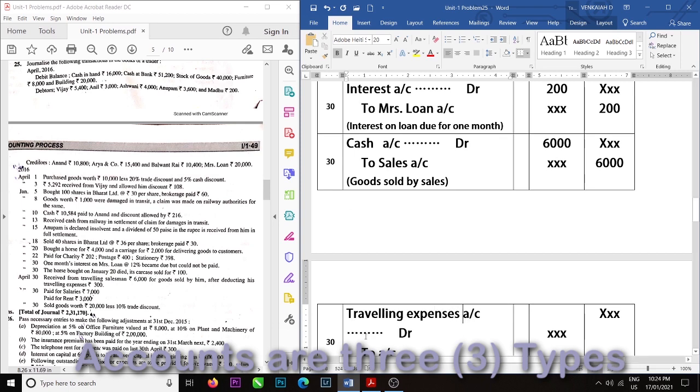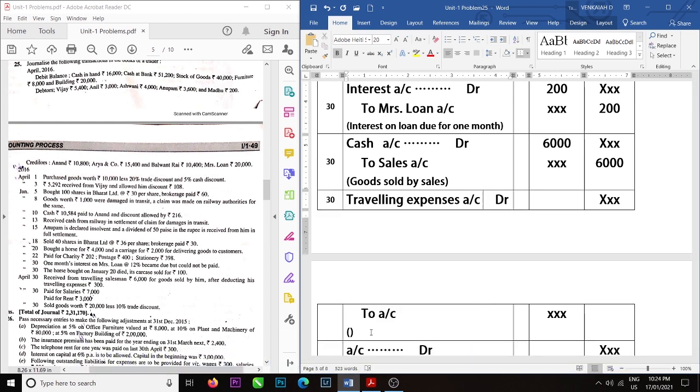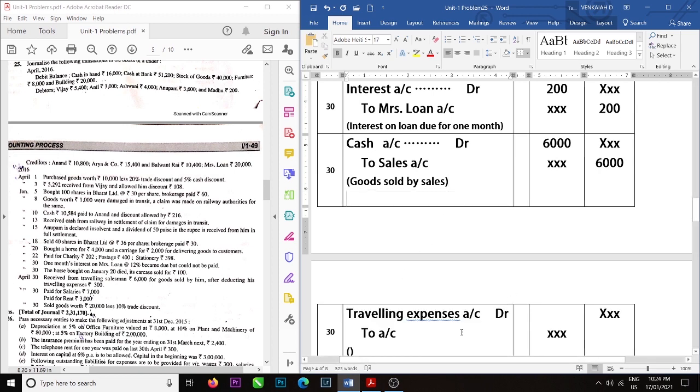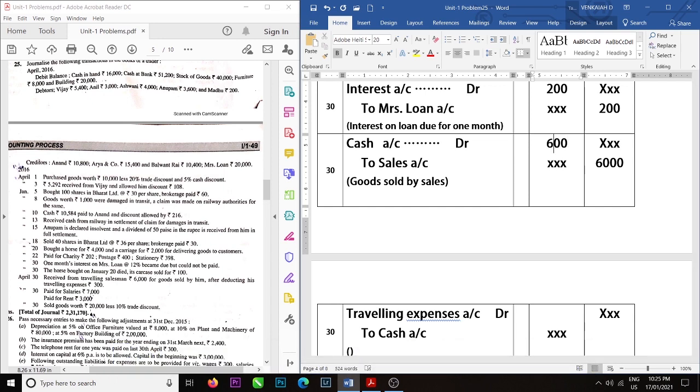Traveling expenses account debit to cash account. The traveling salesman sold goods for 6,300.